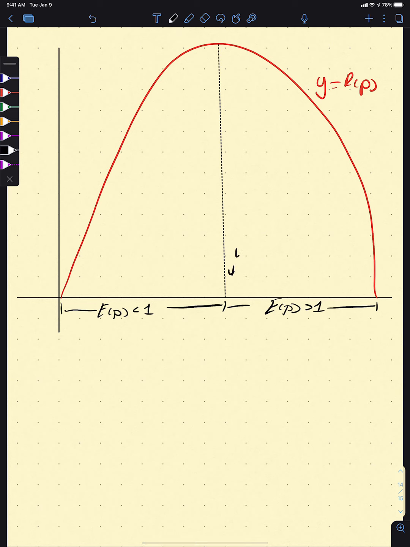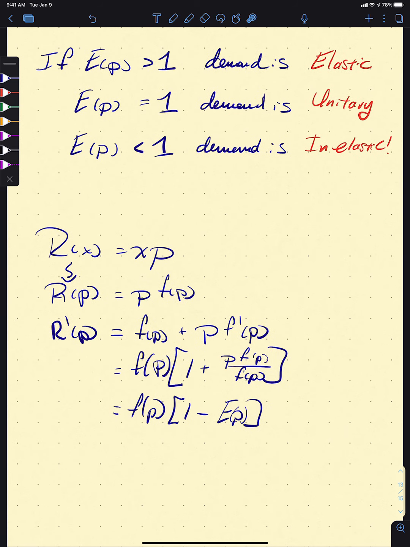And right here in the middle, we have that E of P equals 1. This is what that analysis told us: if demand is elastic, E of P is greater than 1, so this whole thing is negative.